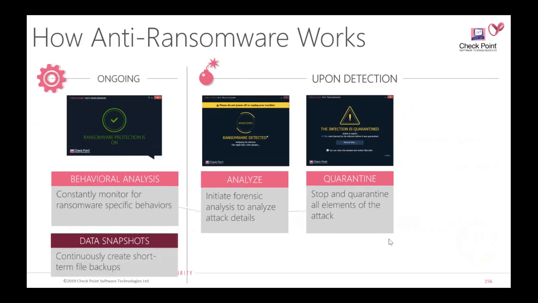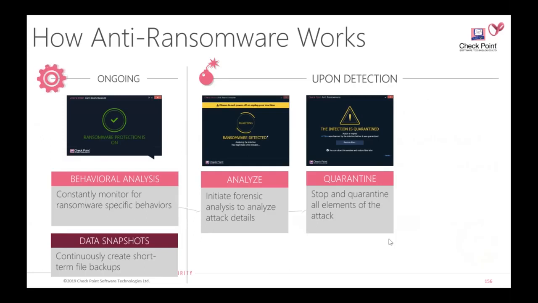So how does anti-ransomware work? We have a behavior analysis model which constantly monitors for ransomware-specific behavior, like any process trying to encrypt files in a folder. Data snapshots continuously create short-term file backups, so whenever something tries to encrypt a file, even if it is legitimate encryption, it takes a backup.